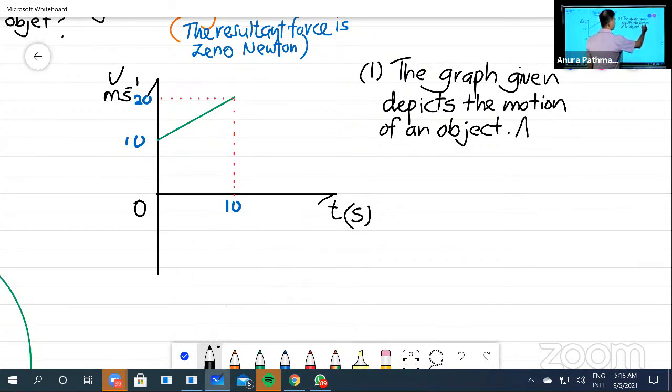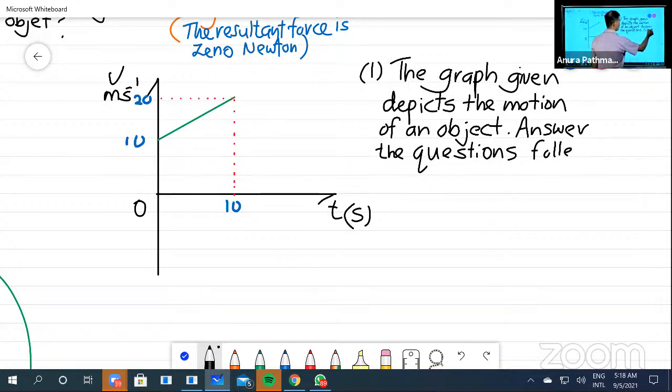Answer the questions followed by this. This is the graph, and then try to answer by using the graph.